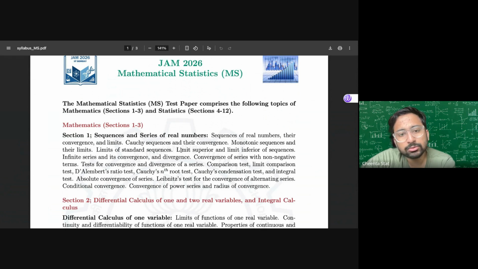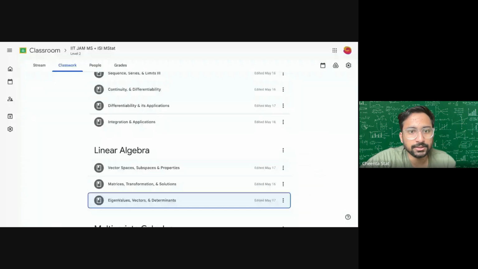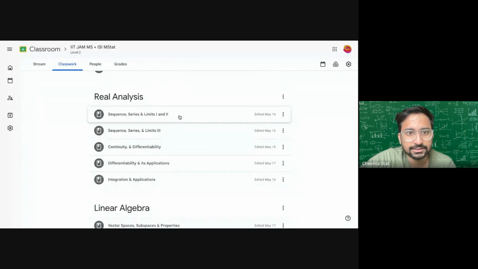One topic that was not mentioned in the 2025 JAM, but it's already usually taught, is the lim sup and lim inf of sequences. It's already in Cheenta's syllabus of real analysis, sequence and series limit 1 and 2 and 3.